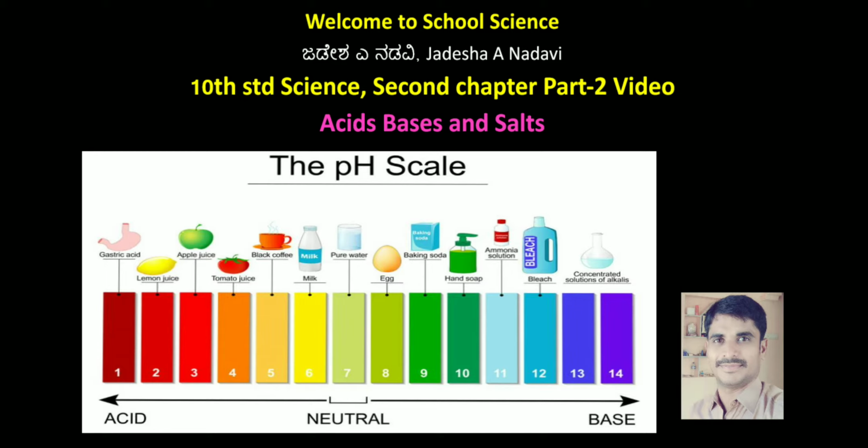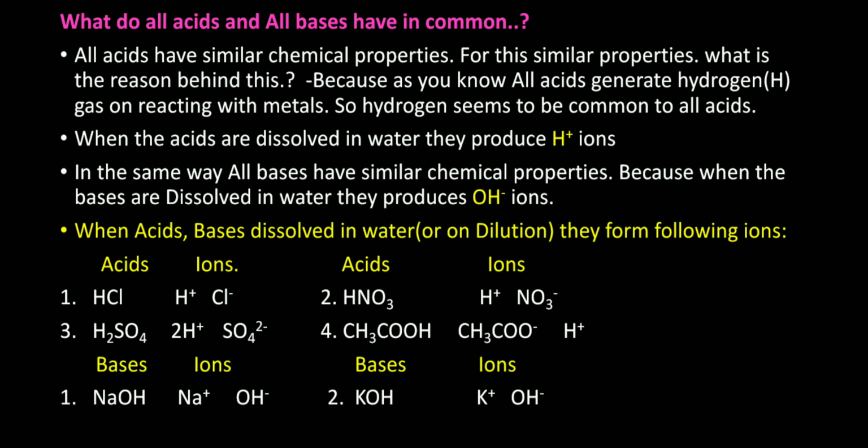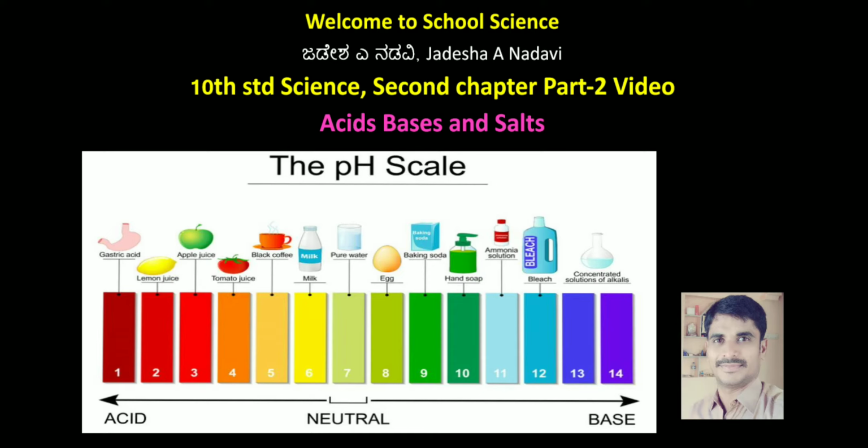Welcome to the topic, the pH scale. You are already familiar with the pH scale. The numbers start from 0 to 14. The pH number 7 is the neutral number.